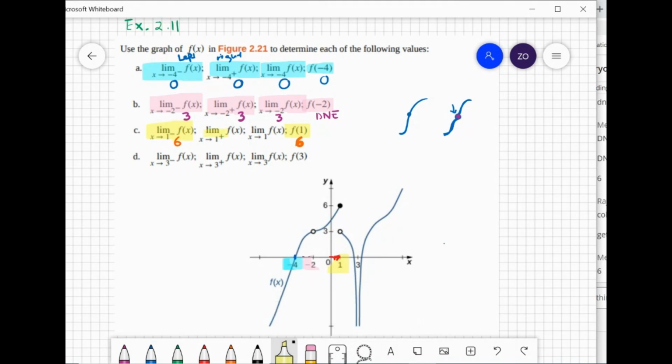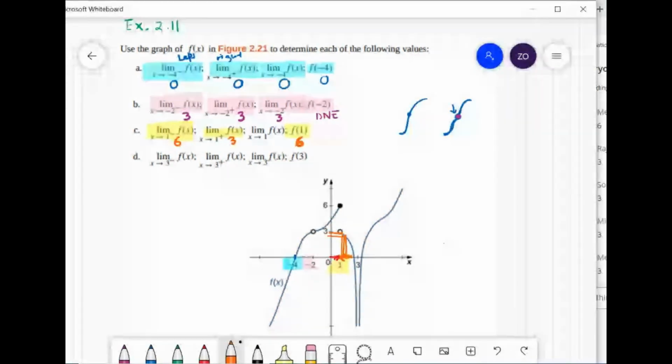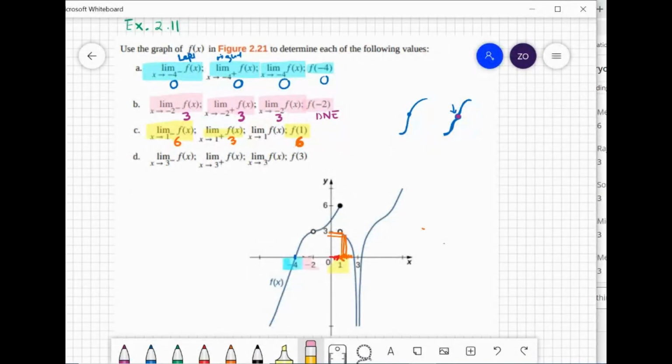How about the limit as x approaches 1 from the right side? Pick some numbers that are slightly larger than 1 and look at their y values. What are they getting close to? 3. So the limit as x approaches 1 from positive values, from the right side, will be 3.